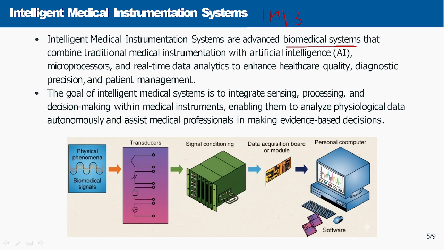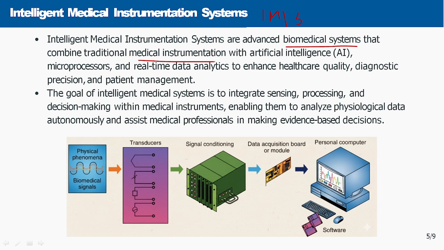So there are advanced biomedical systems that combine the traditional medical instrument as usual. They have the measurand, then we have electrodes. Through electrodes we are sensing different signals, then that sensed signal is transduced, converted to an electrical signal.